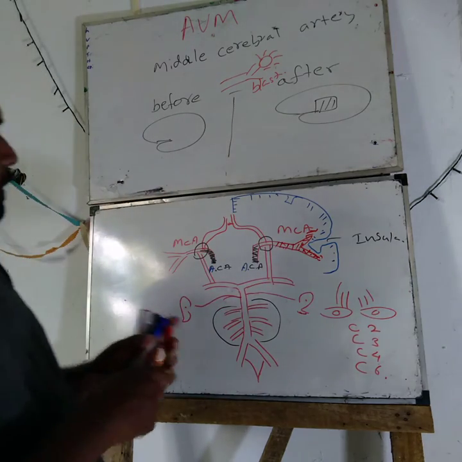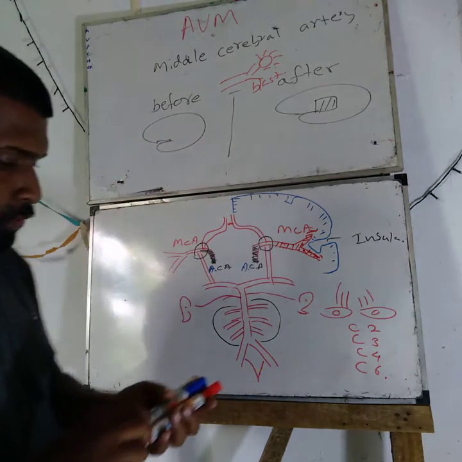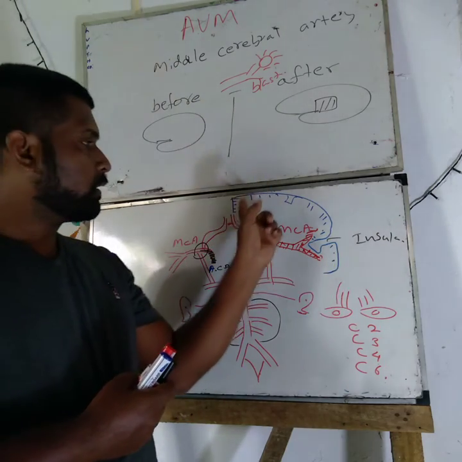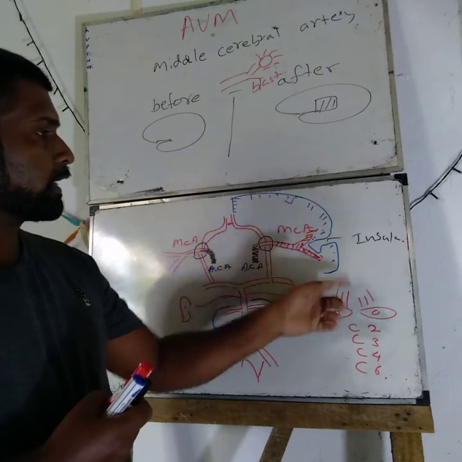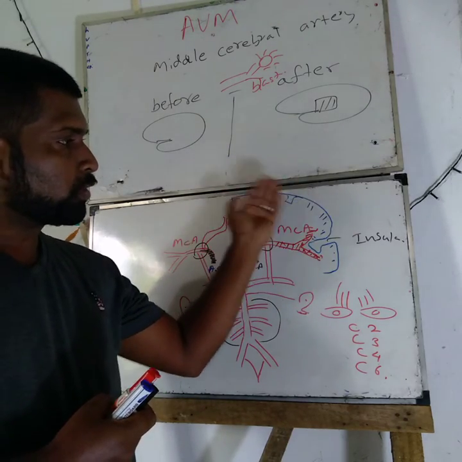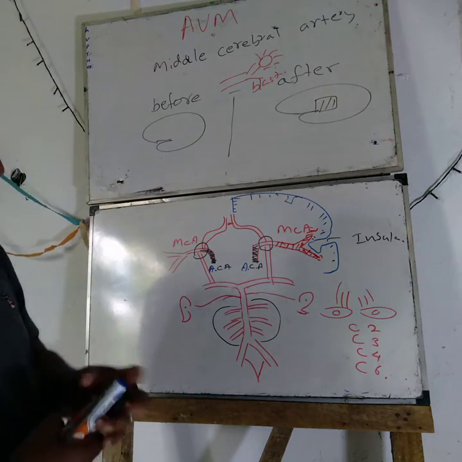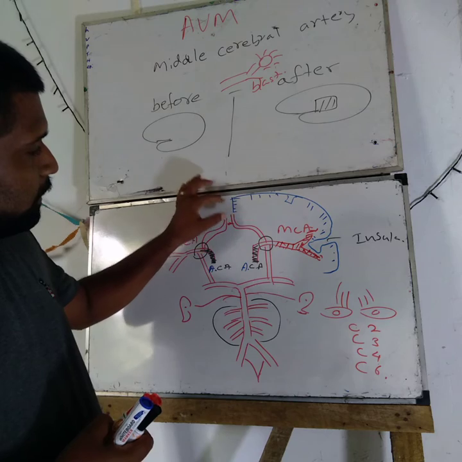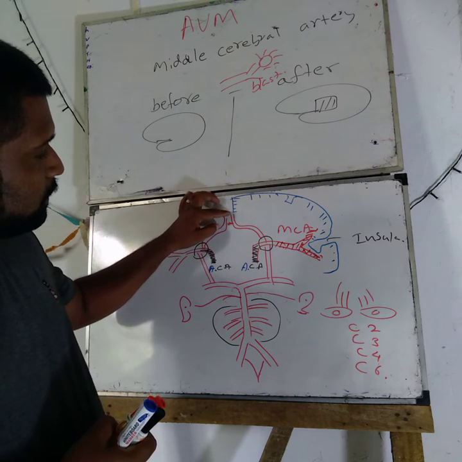We know the homunculus is also most important. This is the coronal section, the brain cut at the coronal area. We know this area, the genital area. This is the leg, toes.